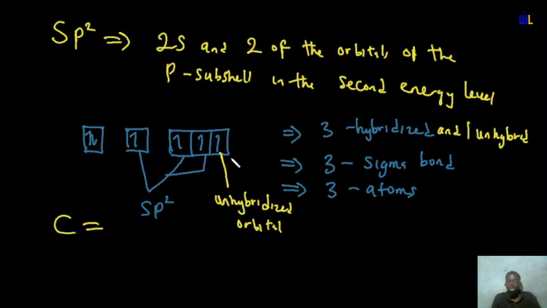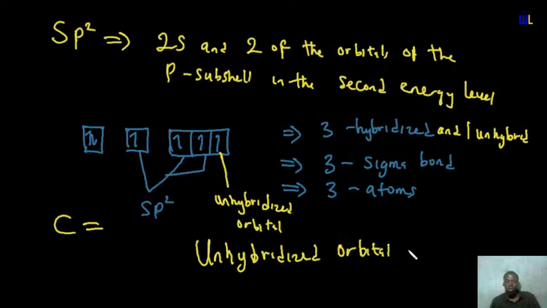Now let's come to this unhybridized orbital. What are the things we need to know about the unhybridized orbital? The first thing is that once you have an unhybridized orbital, it forms the pi bond. So if you are writing, please put this down: an unhybridized orbital will form the pi bond.